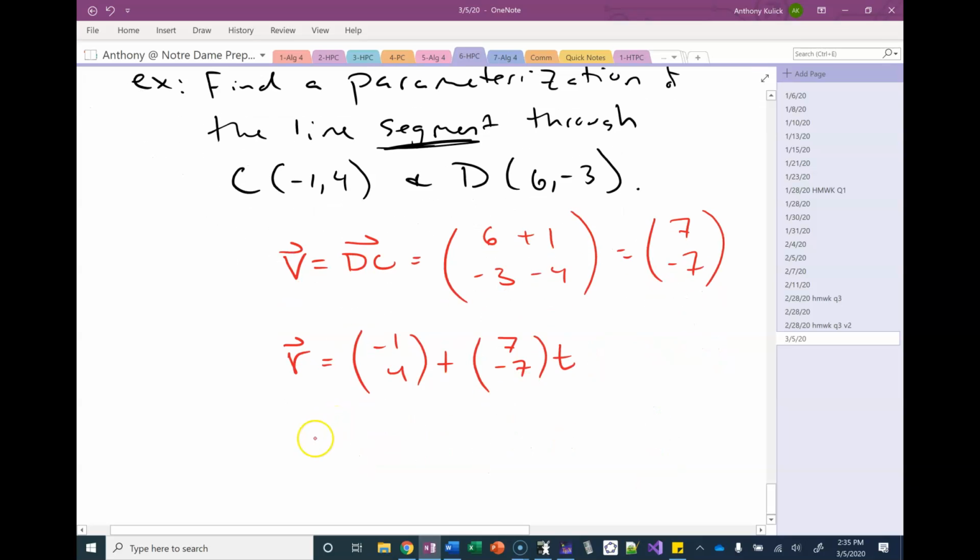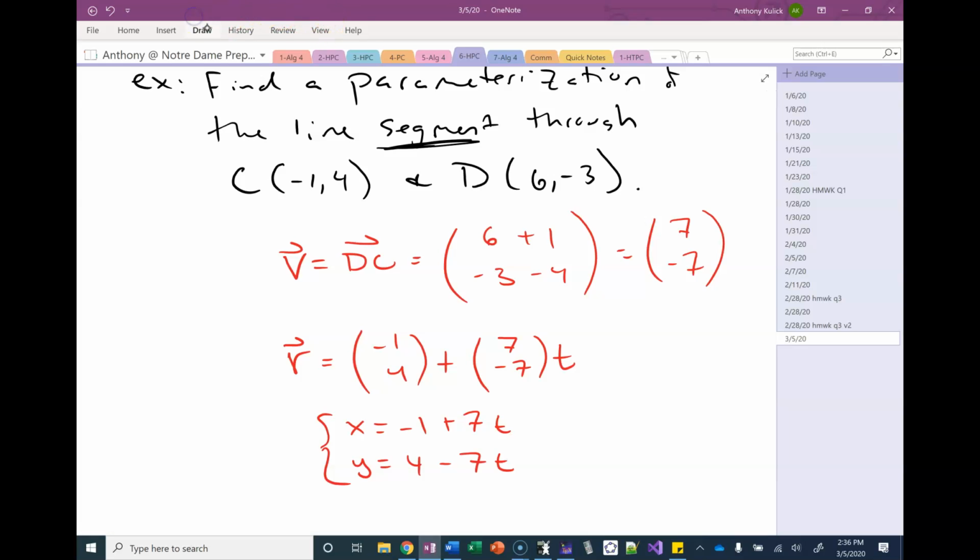So there's my vector equation for the line. Everybody's okay there? Okay.